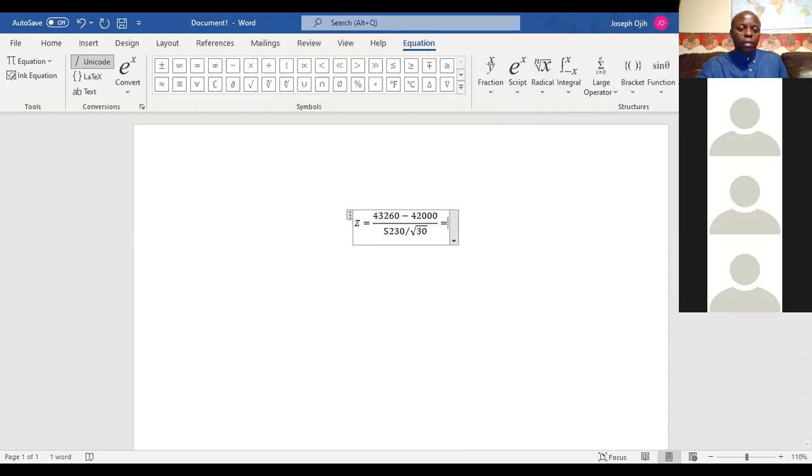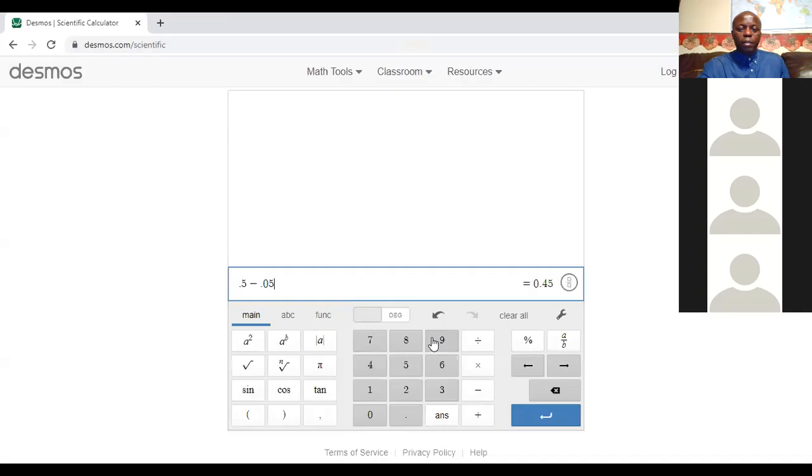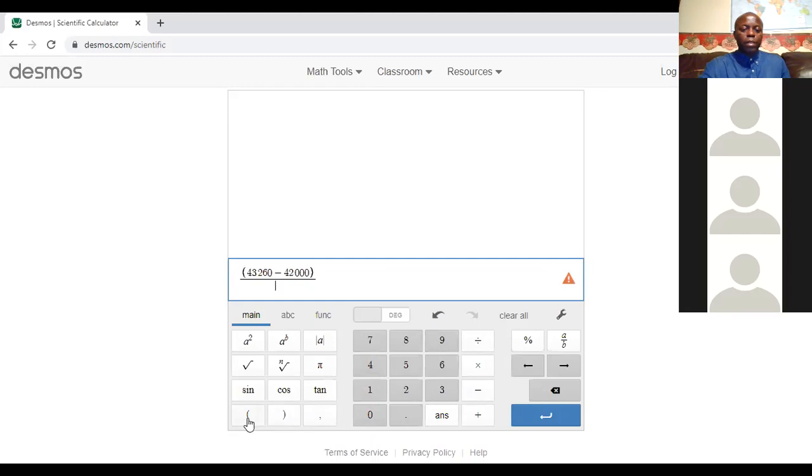We have it here in our calculator. We have the sample mean, 43,260, minus the population mean of 42,000, divided by the standard deviation of 5,230, divided by the square root of N. N is 30.